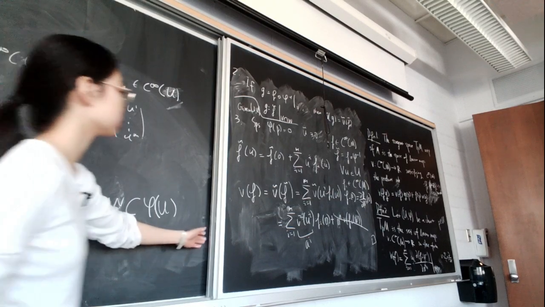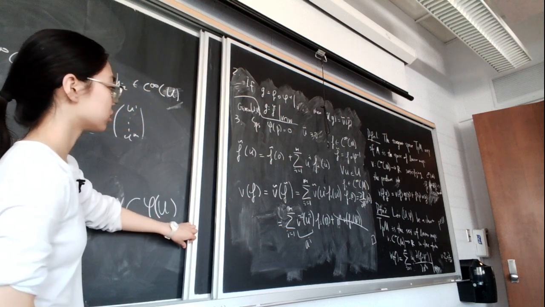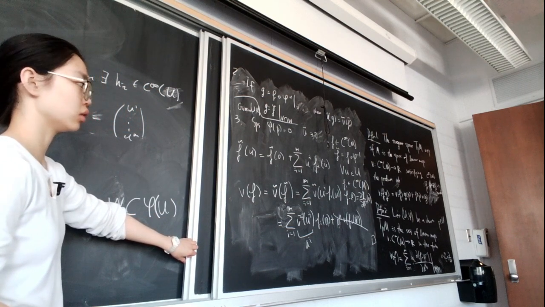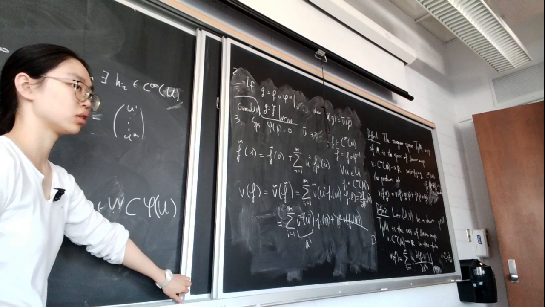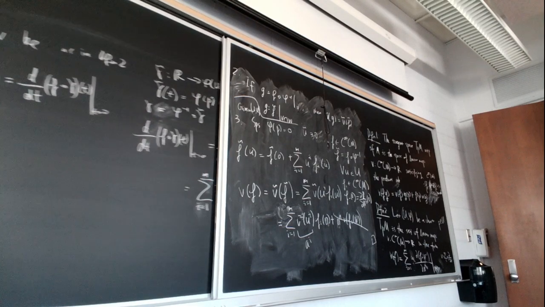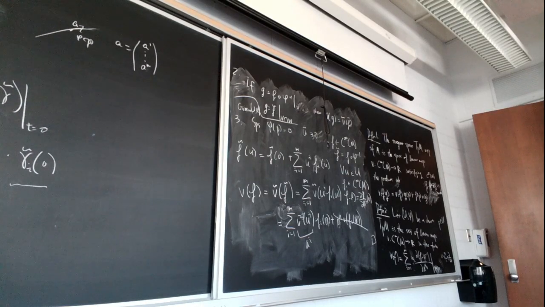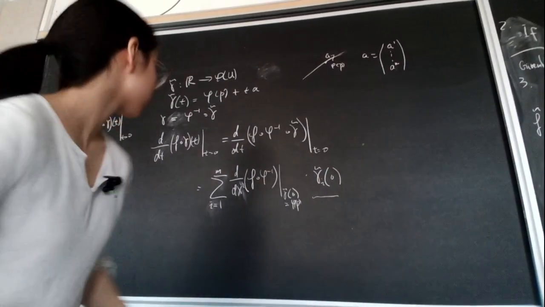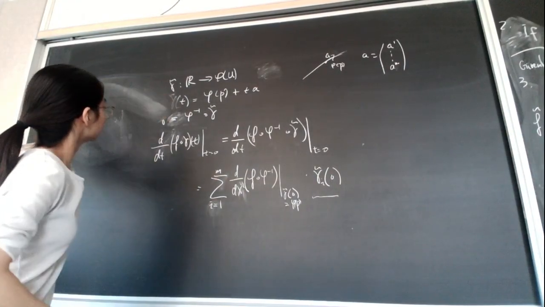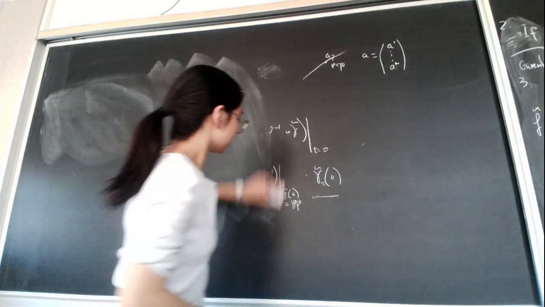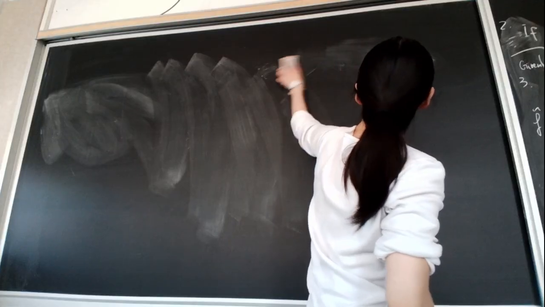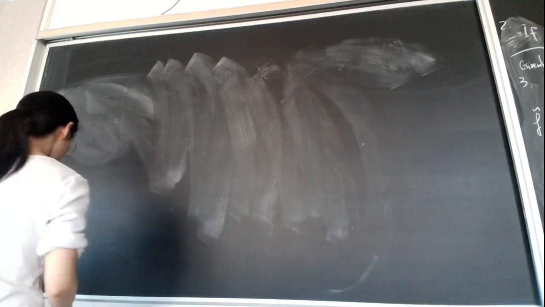Should I erase? So I think, what were we going to do next? 2 implies 1. 2 implies 1 is a fairly straightforward computation.